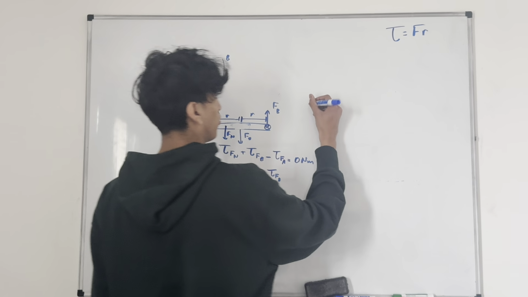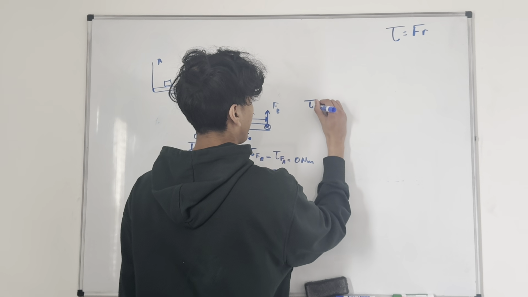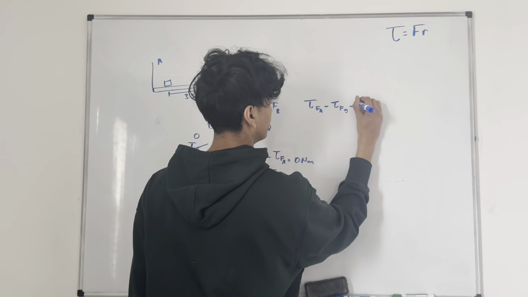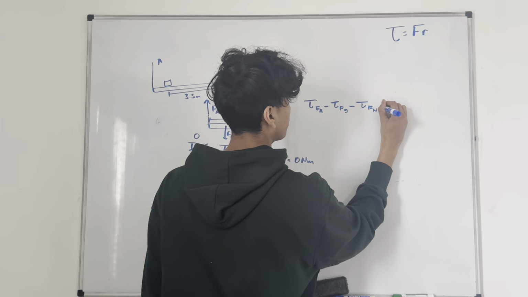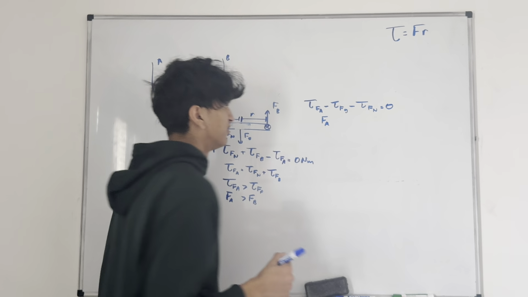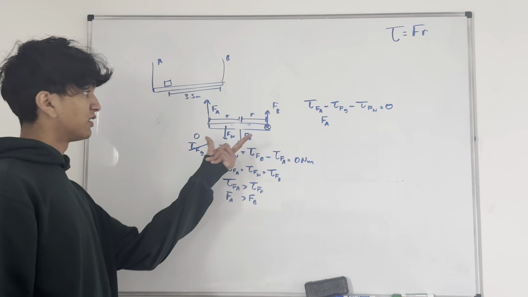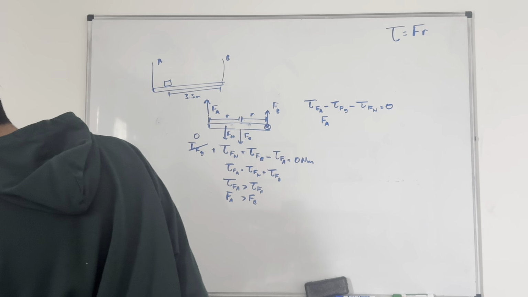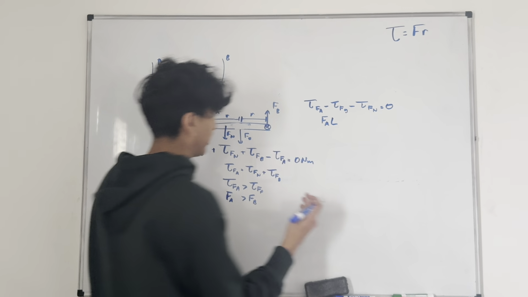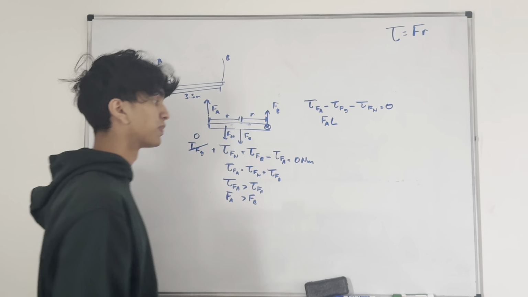So now I get the torque by Fa minus the torque by Fg minus the torque by Fn equals 0. So I would get Fa times, let's say, the length of the board. It gives it to us, it's fine. So I'll say length of the board, because it's acting the whole length away.